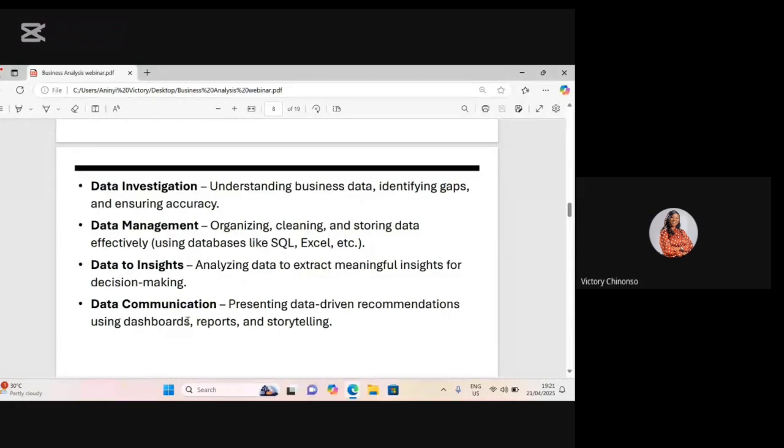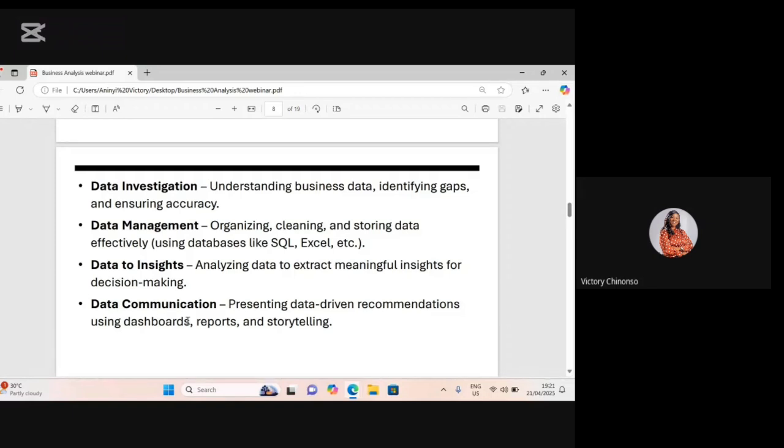We have to remove duplicates. We have to ensure that we don't have empty rows, like null values and all of that. So this is one way as a data analyst you have an edge as a business analyst, understanding how to do data investigation, understanding data management, organizing and cleaning.